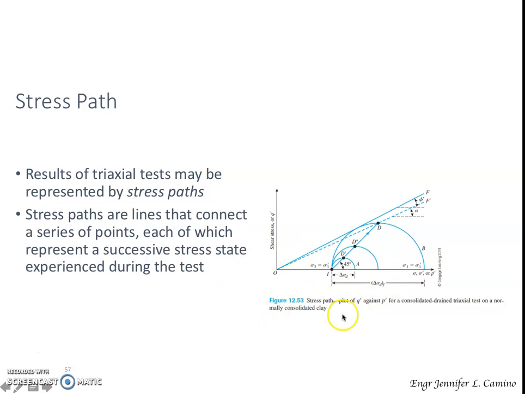This one is an illustration of a stress path. We have plotted our P prime against our Q prime, where P prime is our normal stress and our Q prime is our shear strength for a consolidated drained triaxial test on a normally consolidated clay.